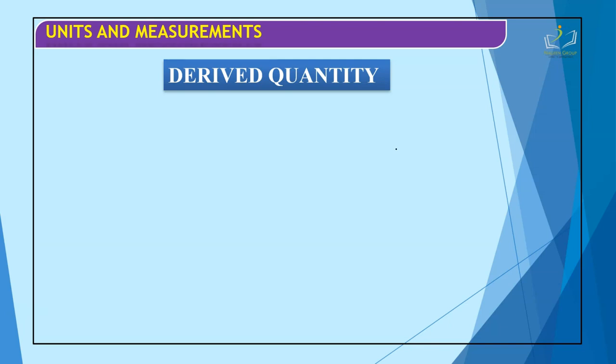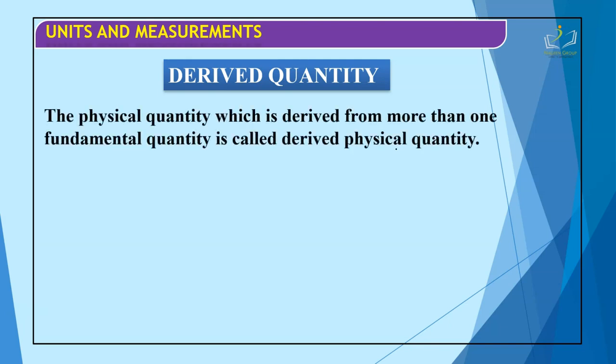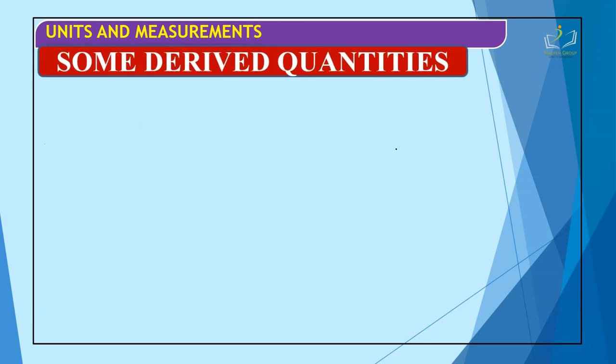Now, if I'm talking about derived quantities, what are derived quantities? Physical quantities which are derived from more than one fundamental quantity are called derived physical quantities. For example, area, density, force, acceleration, work.